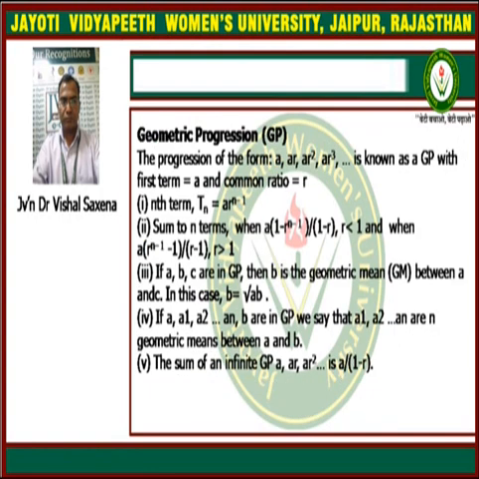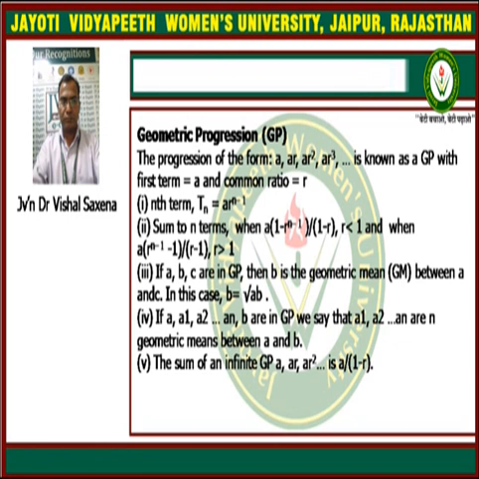Now next we take geometric progression, GP. The progression of the form a, ar, ar square, ar cube and so on is called a GP, with first term a and common ratio r. In a GP, the ratio of any two consecutive terms always remains the same.